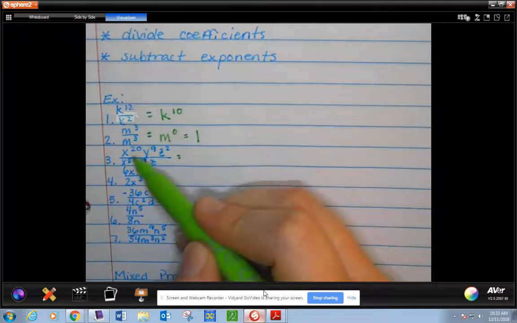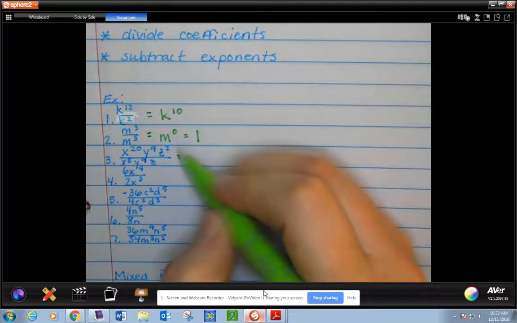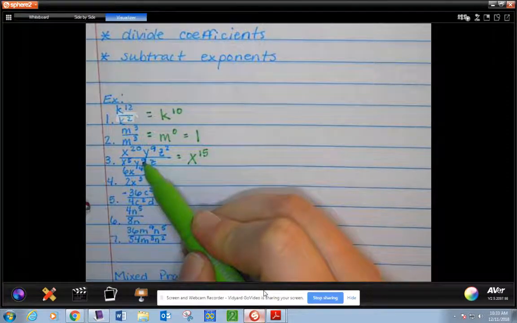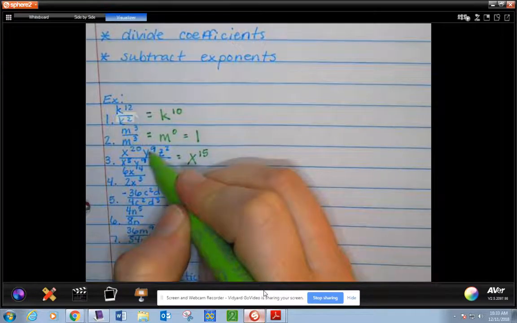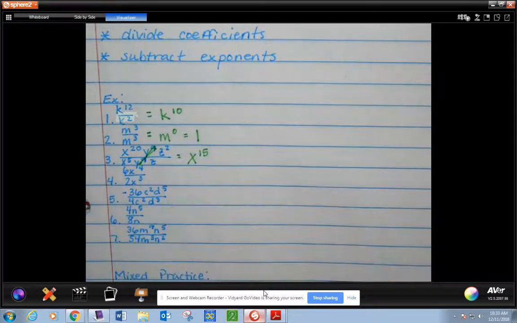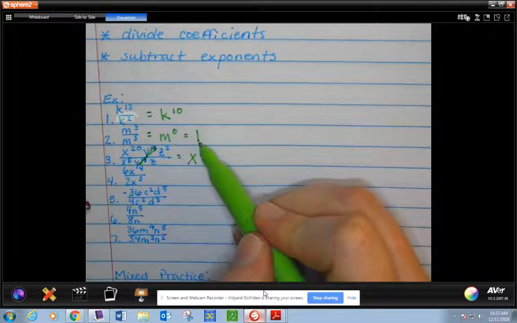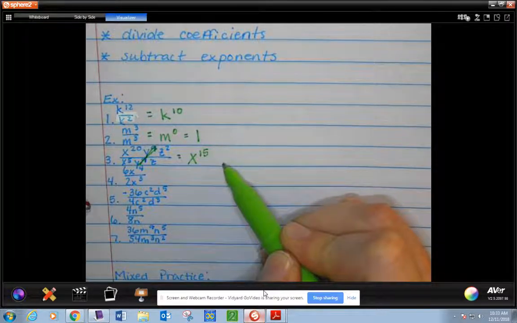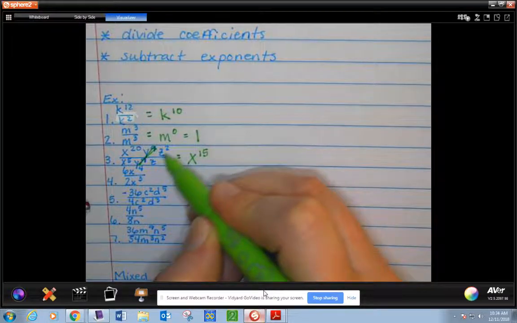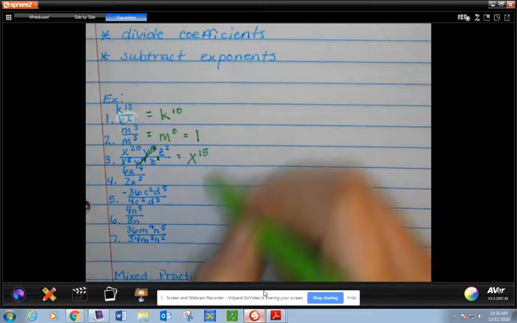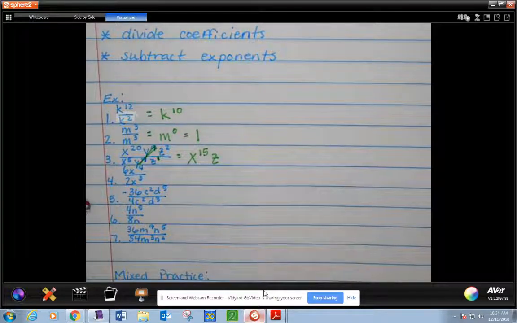So you're just going to subtract. 20 minus 5 gives me x to the 15th. 9 minus 9 gives me 0, and I don't need that. That just means that the y's cancel. Because remember, if it's 0, it's just 1, and I don't put a 1 in the middle. And then z squared minus z, there is a 1 there, so 2 minus 1 is just 1, and that's your final answer.